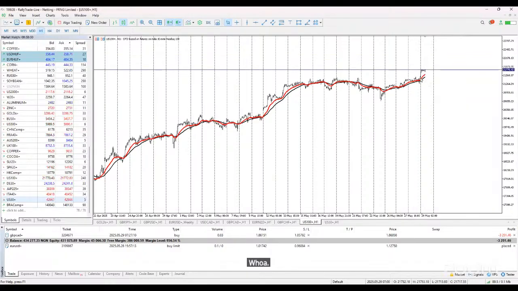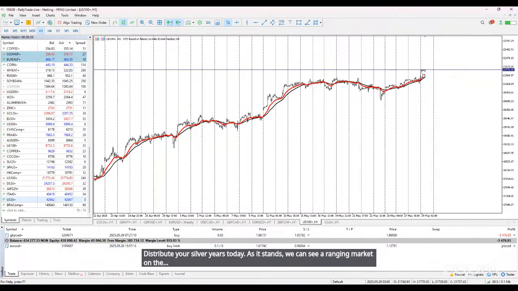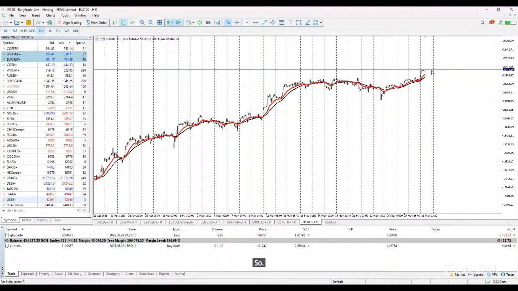Market was around this region as of yesterday. As it stands, we can see a ranging market on the US 100, and we see a very massive bullish movement. So we can never tell as this thing is moving like this, it might still continue.